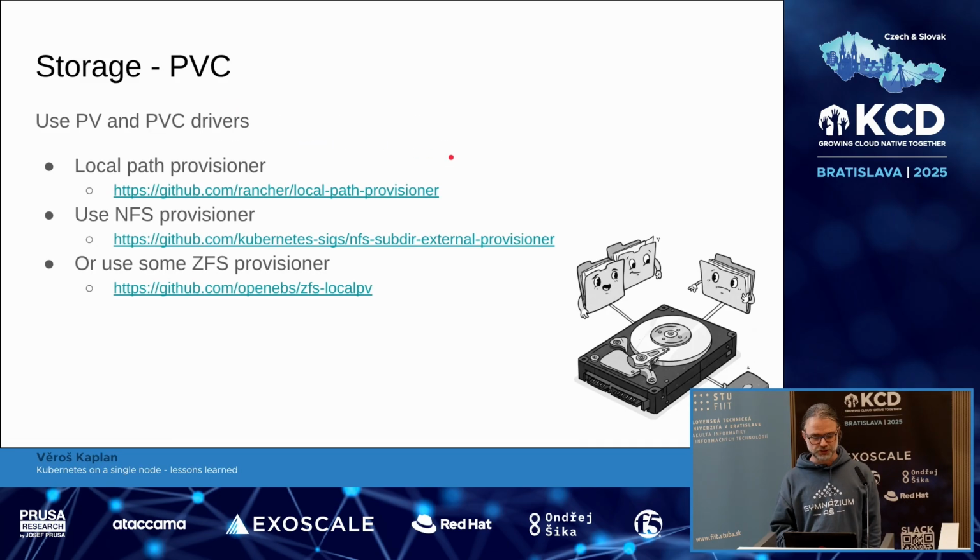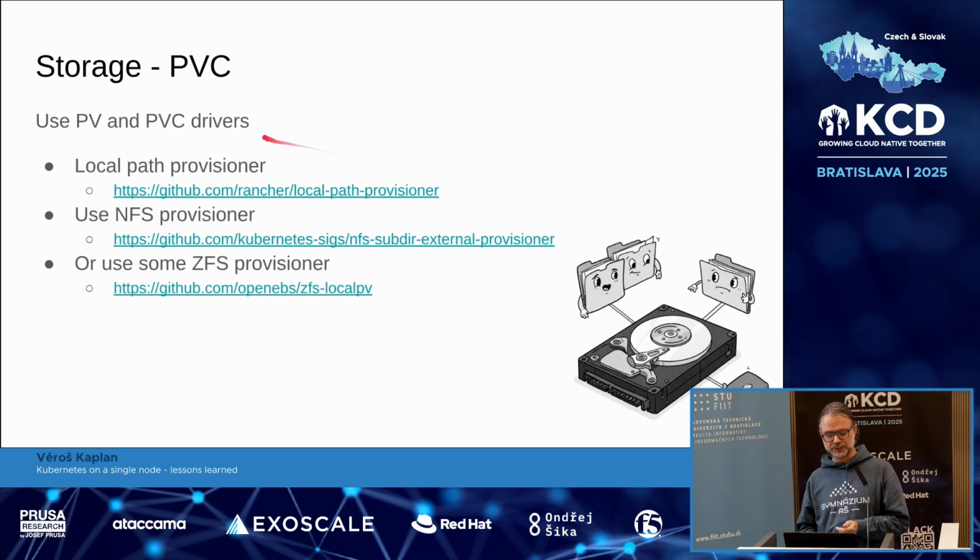Much better is using PVC, persistent volume claims. In K3S, there is a local path provisioner. You just say I would like to have a PVC for data, and the local path provisioner just creates the directory on a local disk and provides it to the application.